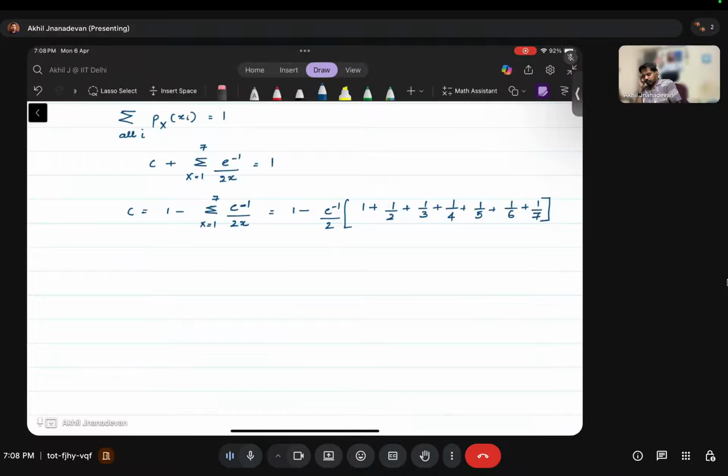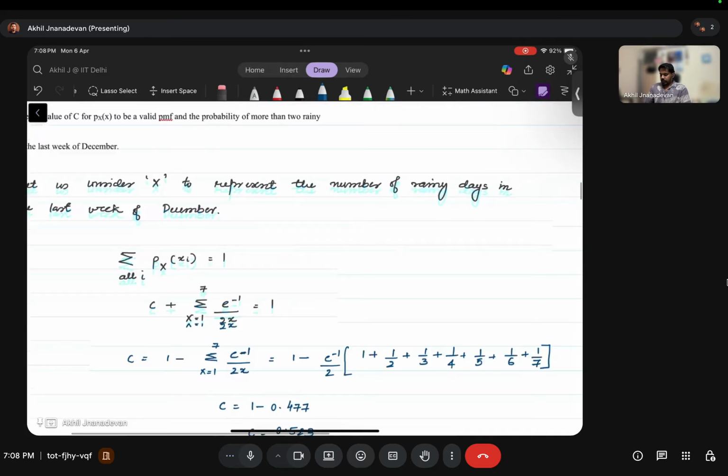If you substitute this, we get C as 1 minus 0.477. So C is equal to 0.523. So C is the probability of no rainy day in the last week of December, that is 0.523.